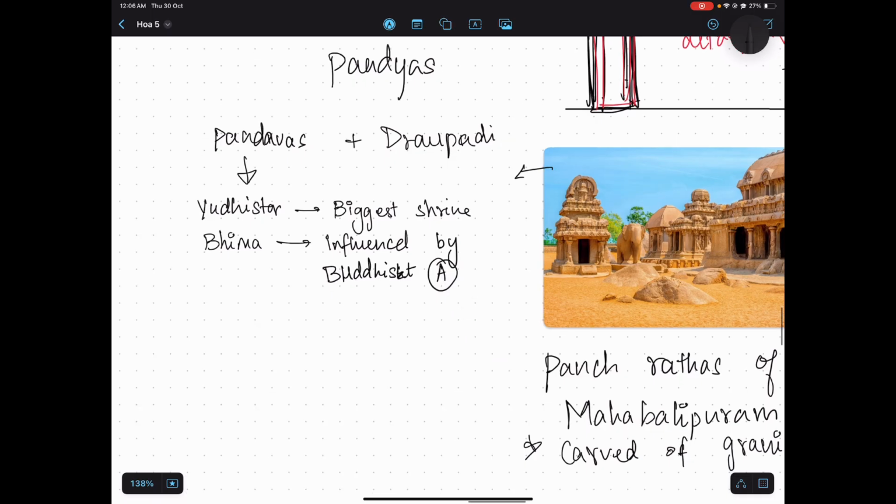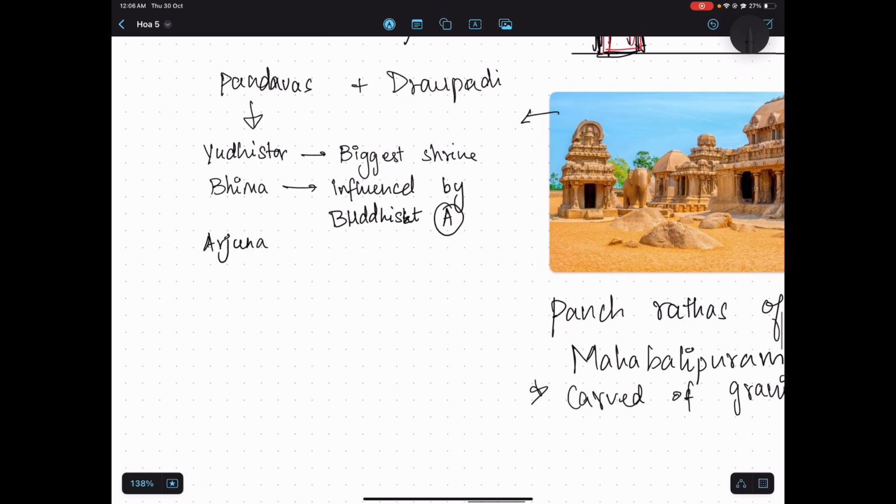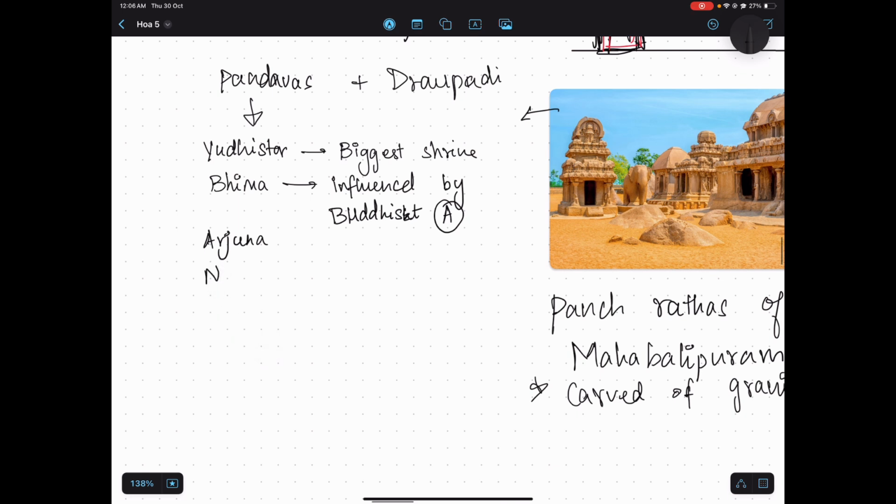And we have Arjuna. Nakula and Sahadeva had one shrine in common. Then Draupadi had a hut-like shrine.